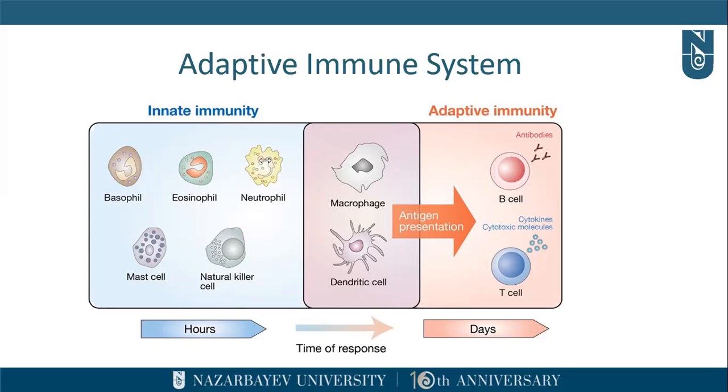So here, MHC class 1 is a specific molecule displayed on the surface of the antigen presenting cell. The dendritic cell that has just engulfed the bacteria will present the antigen not directly on its surface, but on the surface of major histocompatibility complex 1.